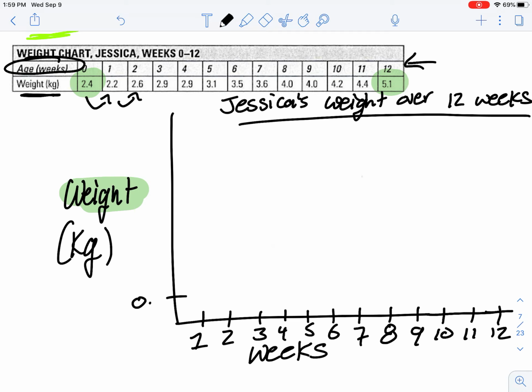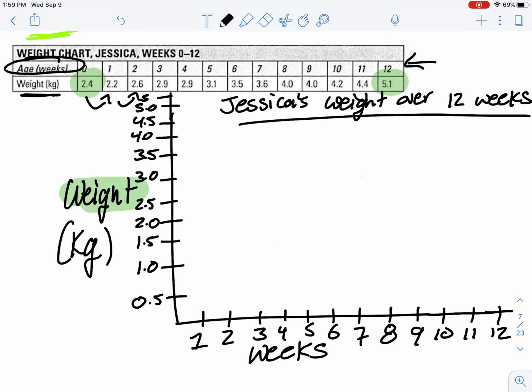So this is going to be 0.5, 1.0, 1.5, 2.0, 2.5, 3.0, 3.5, oh, I'm going to run out of room, 4.0, 4.5, 5.0, 5.5.